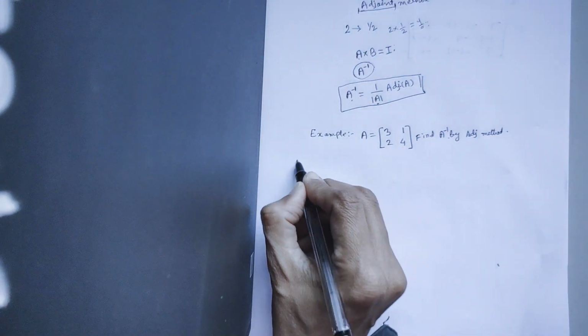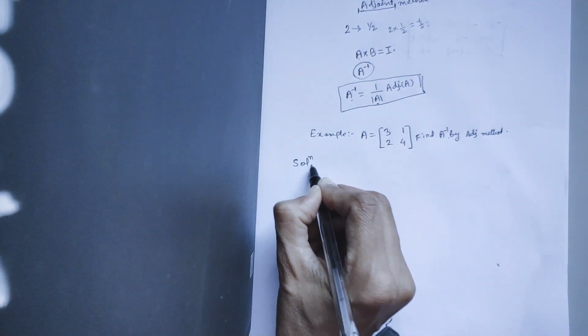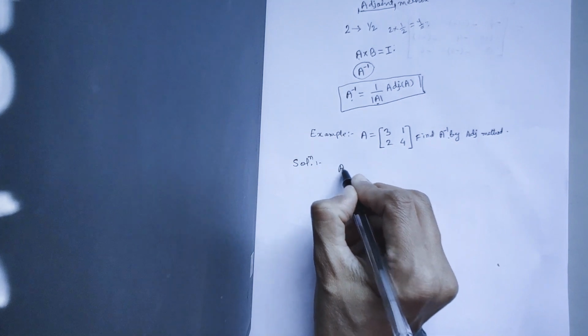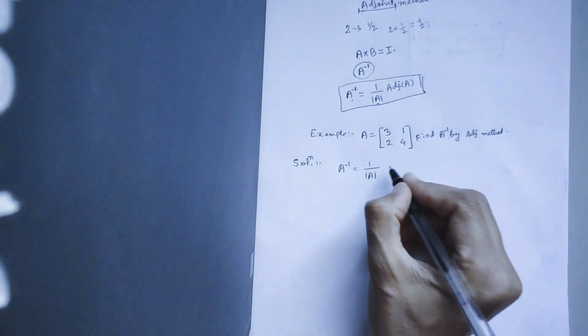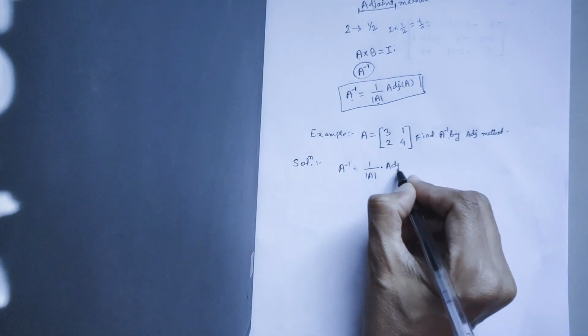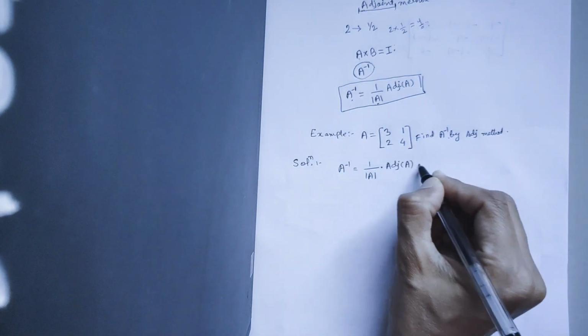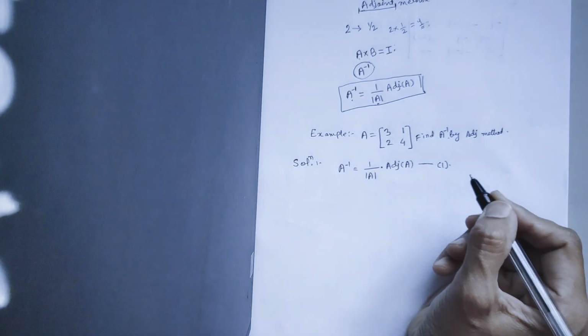So we solve it. Solution: A inverse is given by 1 upon determinant of A into adjoint of A. Let that be equation 1.